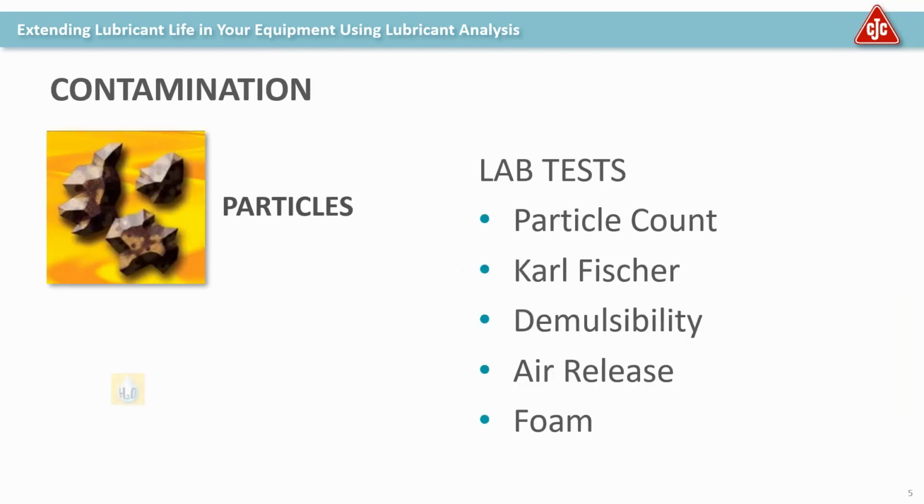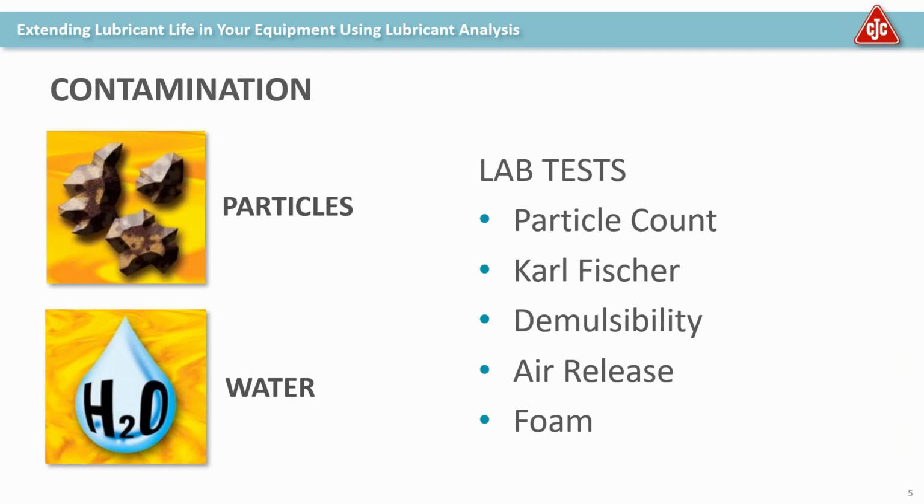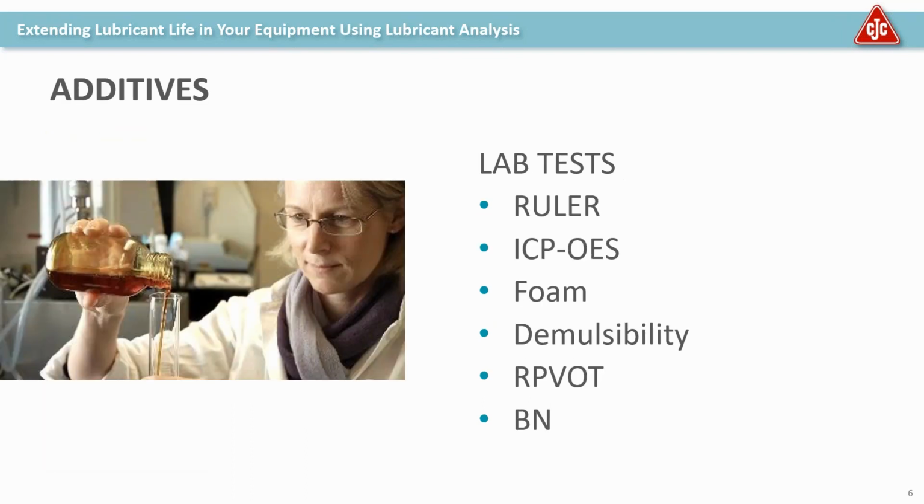Another category is contamination. Particles and water are the 2 that we typically will focus on, and there's various lab tests that we can use to pinpoint or identify those. The particle count, Karl Fischer water test, demulsibility, also air release, and foam. And then when we want to look at additives, this is a 3rd category.